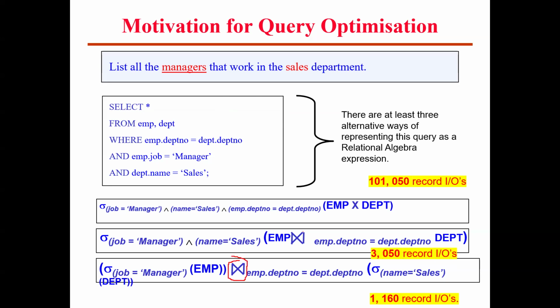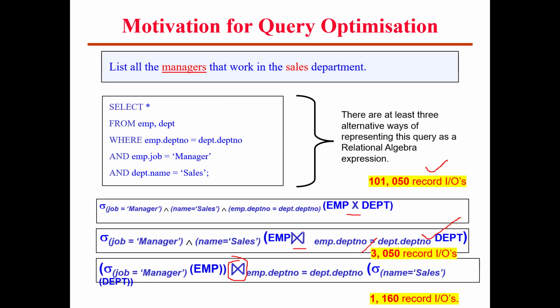So what is the difference between the first and the second? Instead of using a Cartesian product, we use the join, which decreases the number of record IOs by 10 times. Here we have more than 1 lakh IO records, and here we have only 3,000 IO records.